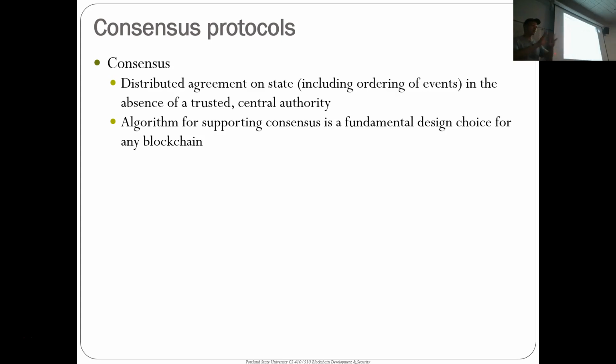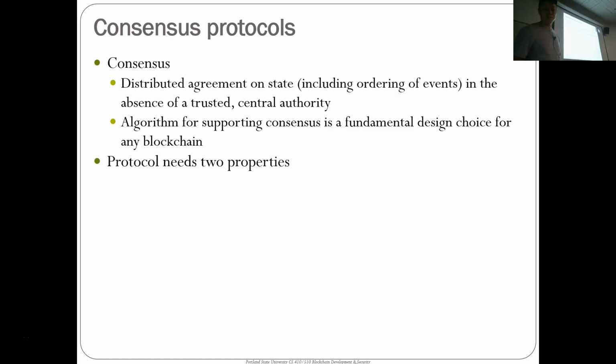But this is an absence of that. Everyone is a co-equal participant, so amongst those participants, you need to be able to get a valid state. And this is important for a distributed ledger like Bitcoin.